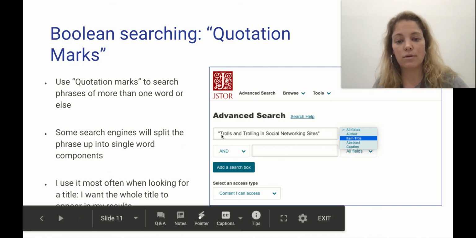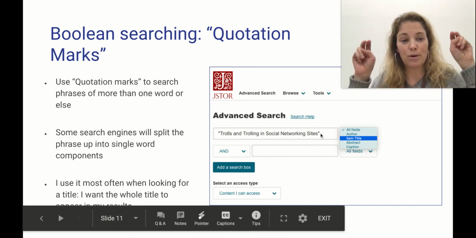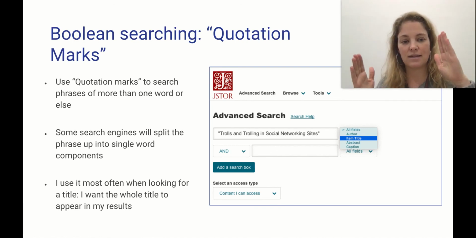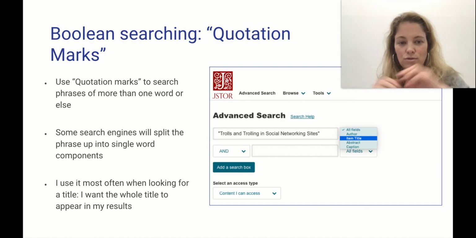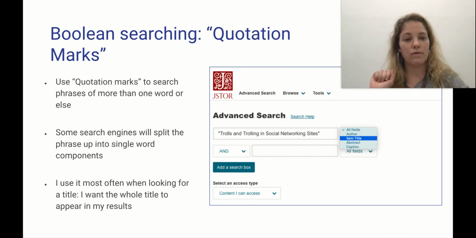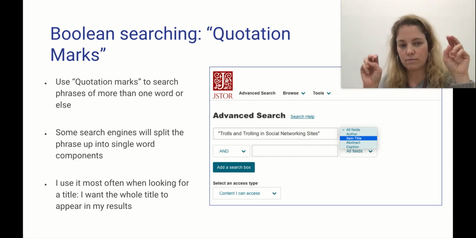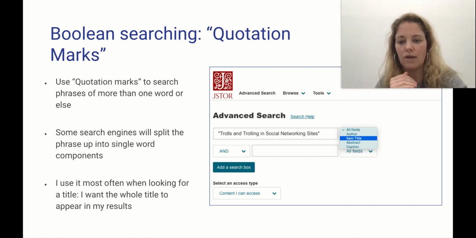So for example, trolls and trolling in social networking sites. I put it in quotations and I searched it and it found the exact article I was looking for based on that title. If I did not use those quotes, it may pull out only trolls and find me articles about trolls or social networking, but maybe not that specific one. So use those quotations to lock it all together.